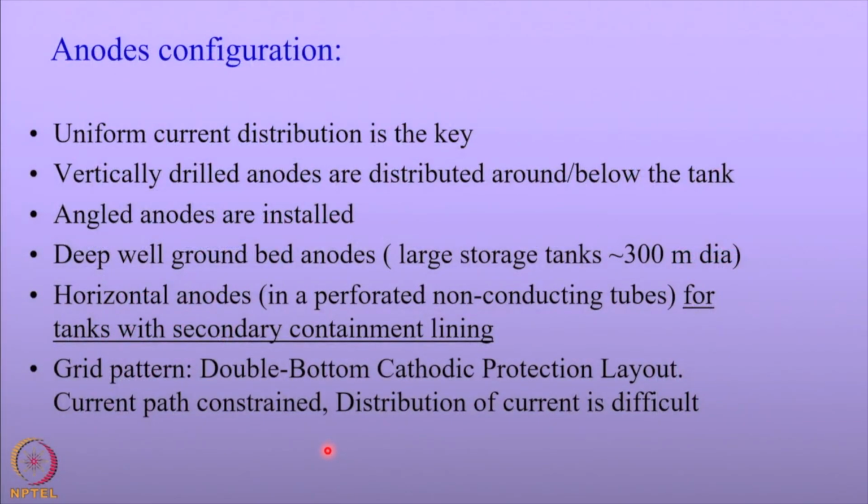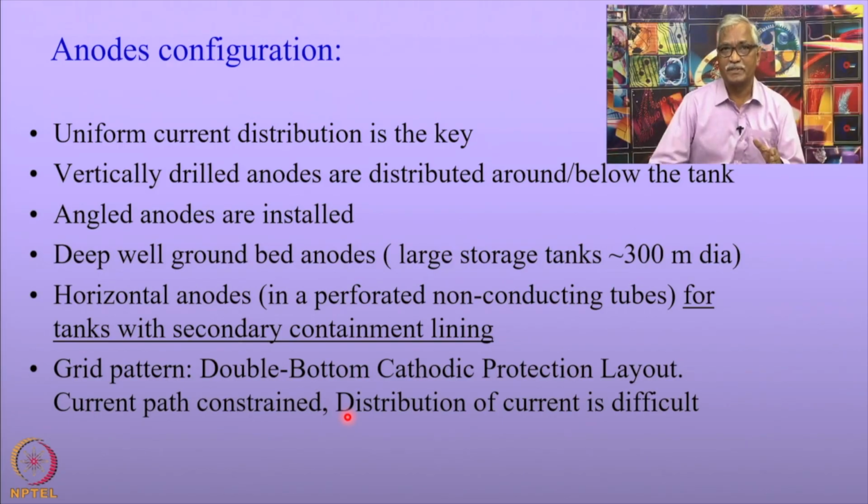What is important is how the current is uniformly distributed in the tank. Sometimes you may have several tanks around actually. How the current is uniformly distributed depends upon the symmetry with which these anodes are distributed.